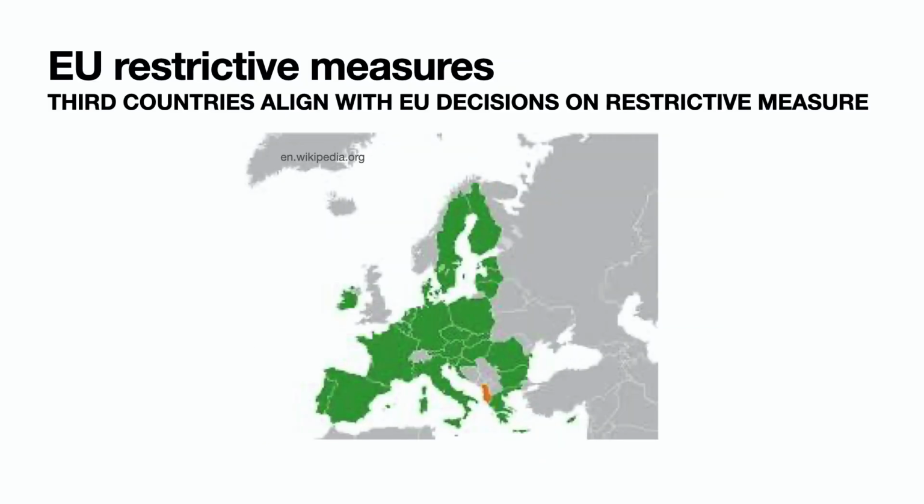Third countries may align with EU decisions on restrictive measures. For example, although Albania is not a member state of the European Union, it aligned with EU decisions on restrictive measures. The assets of an individual or enterprise listed on the sanction list will be frozen in Europe as well as in Albania.